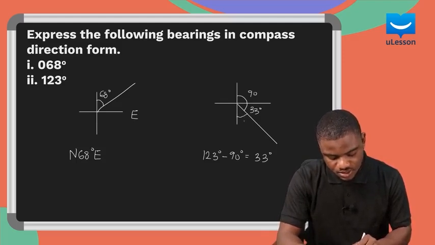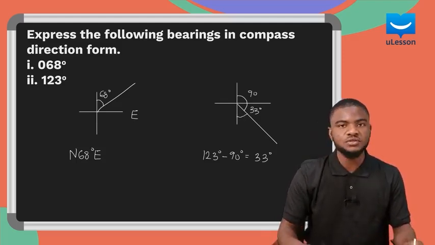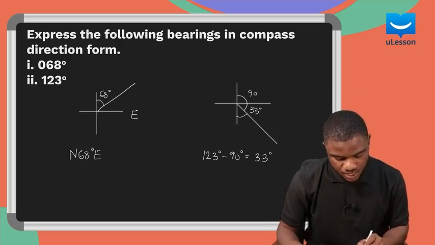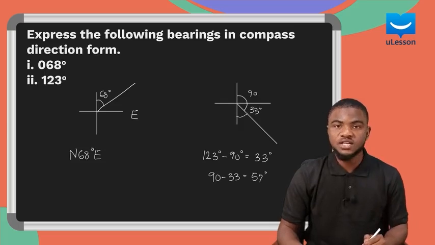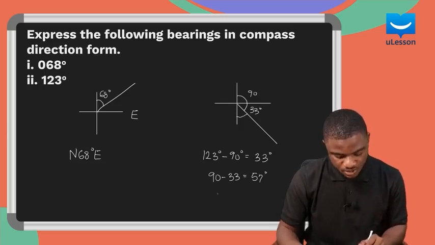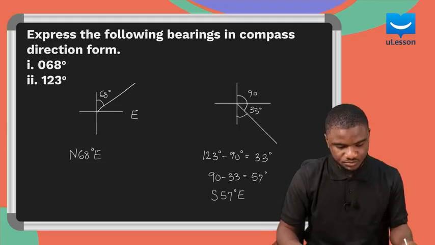And since this angle added to 33 degrees will sum up to be 90 degrees, we can have this angle to be 90 minus 33 degrees, which is equal to 57 degrees. Hence, the compass direction form will be south 57 degrees east.